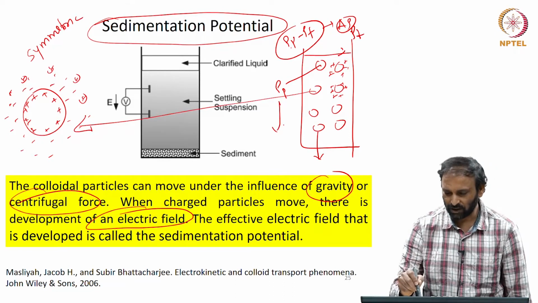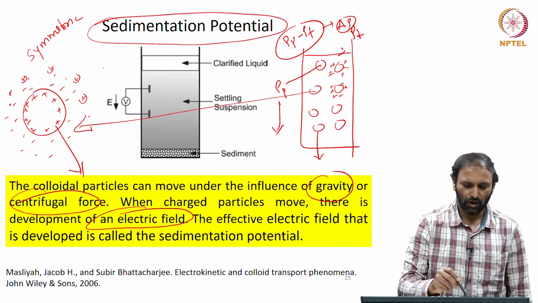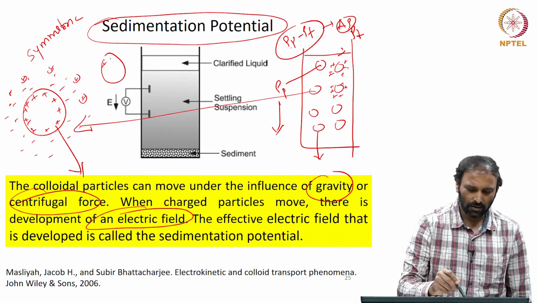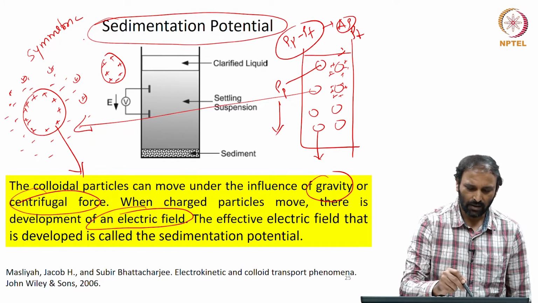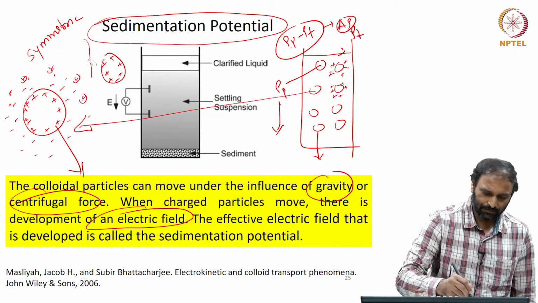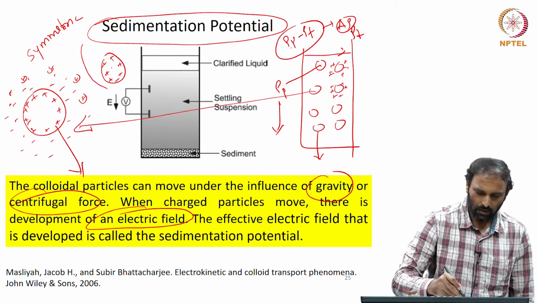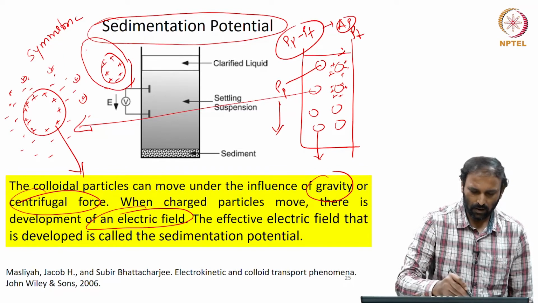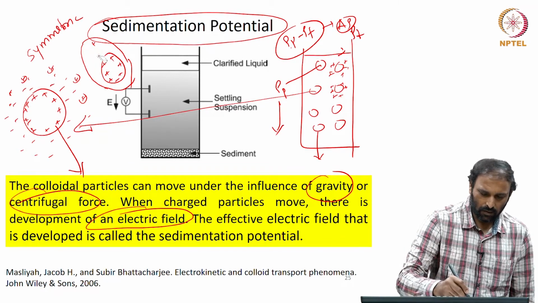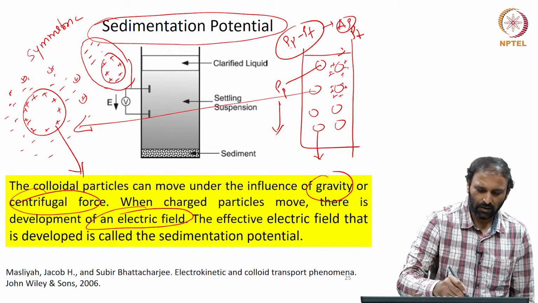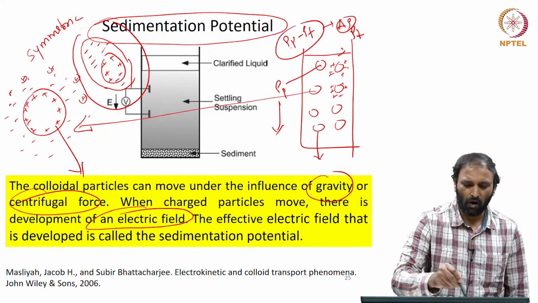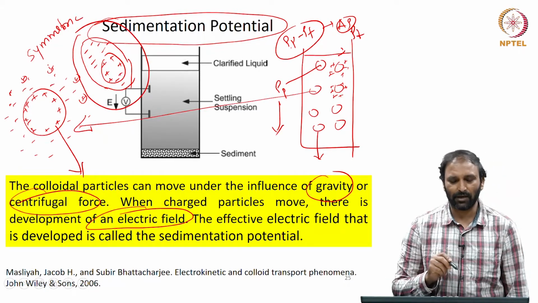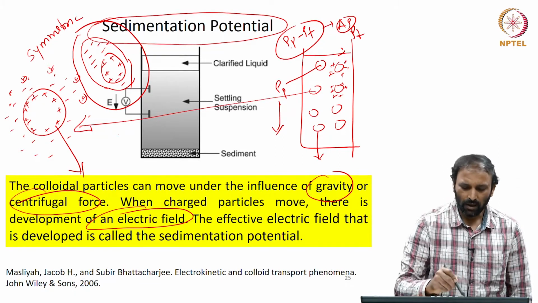That means, if they are moving in a particular direction, you will see that the charged particle is here, and the electrical double layer around it is going to be somewhat distorted, with more counter ions in one region versus the other.